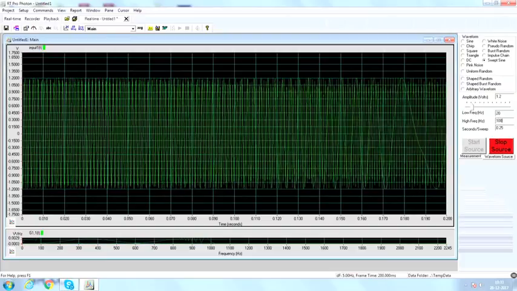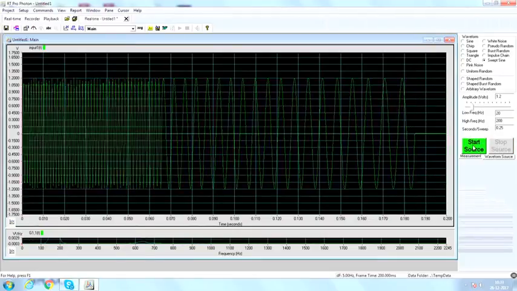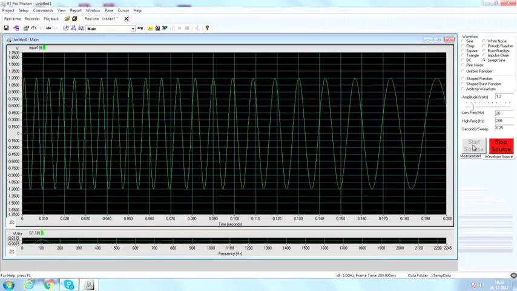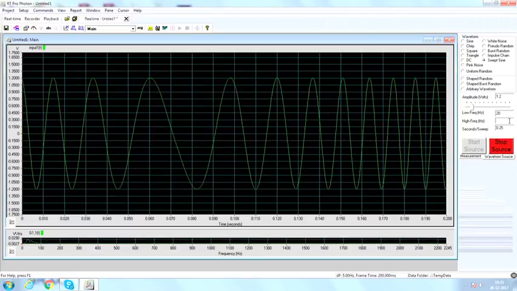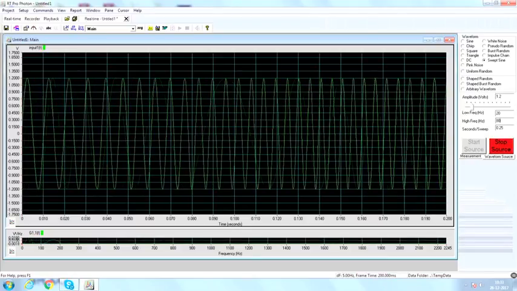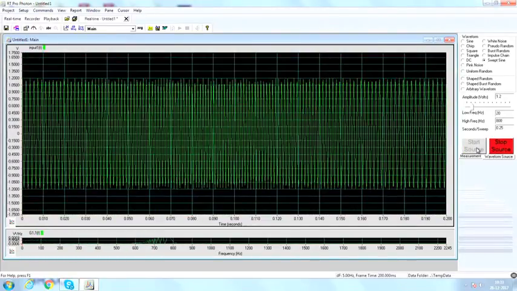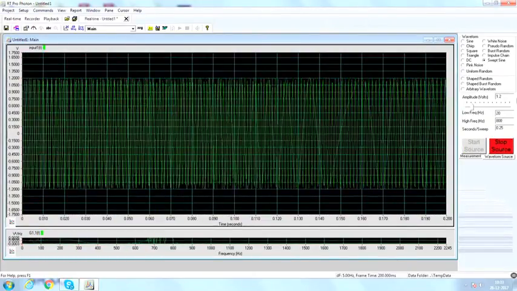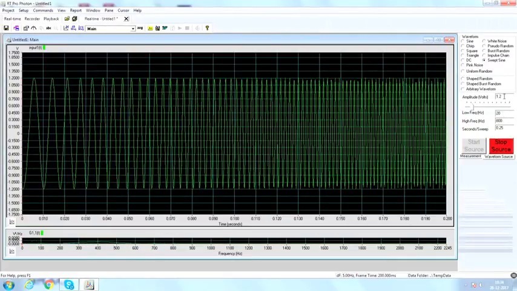Maybe make it a little more. So these are all sine waves of a certain amplitude, 1.2.